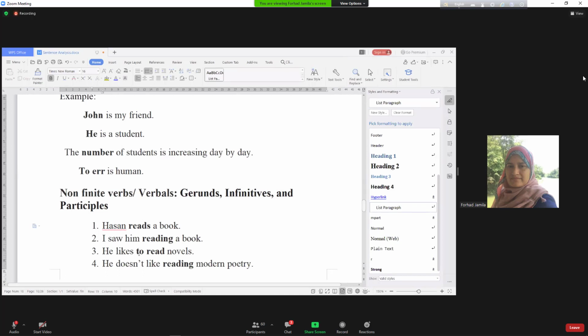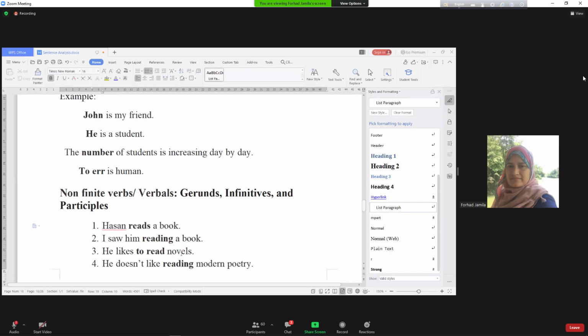এই ভার্বের আরো একটা স্ট্রাকচার দেখতে পাচ্ছি, এখানে একটা প্রিপোজিশন ব্যবহার করা হয়েছে। So this specific structure to plus root or base form of the verb is called infinitive. So this is another type of non-finite verb that is called infinitive. I think you can easily identify infinitive. Okay, if you identify infinitive phrase, so to plus read is the only infinitive.